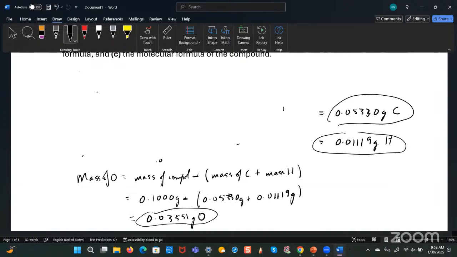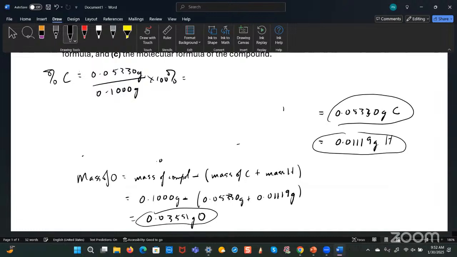So the A part of the question is asking for the percentage of each element. So in the case of carbon, that would be equal to 0.05330 grams divided by the original mass, which is 0.1000 grams, times 100%.